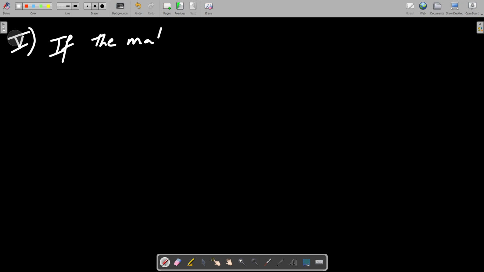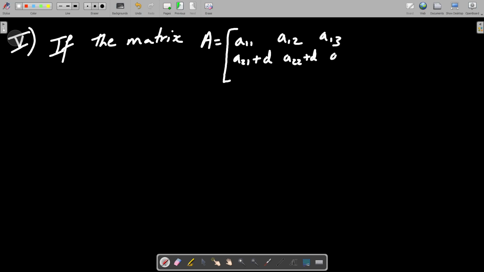If the matrix A is of the form A11, A12, A13, then A21 plus some element D, A22 plus D, A23 plus D, and A31, A32, A33.